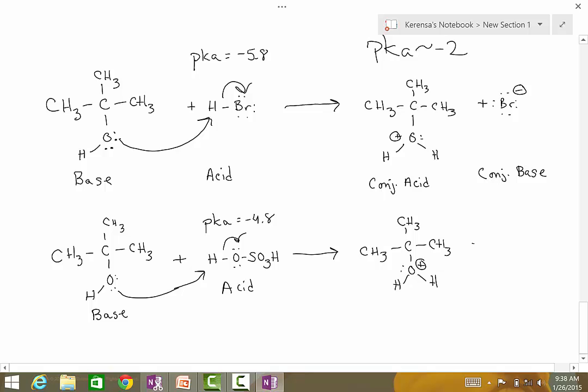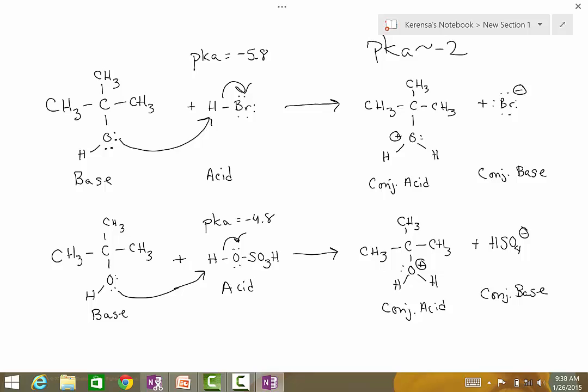And the corresponding conjugate base, which in this case is HSO4-. And again, the pKa for that conjugate acid, since it's an alkyl oxonium ion, the same one, should be roughly around -2. So this is still favorable acid-base chemistry.